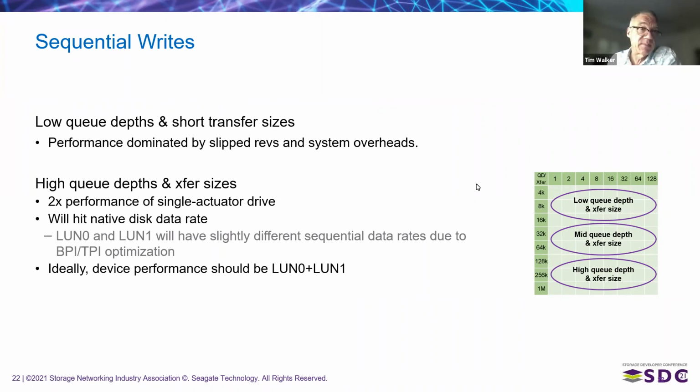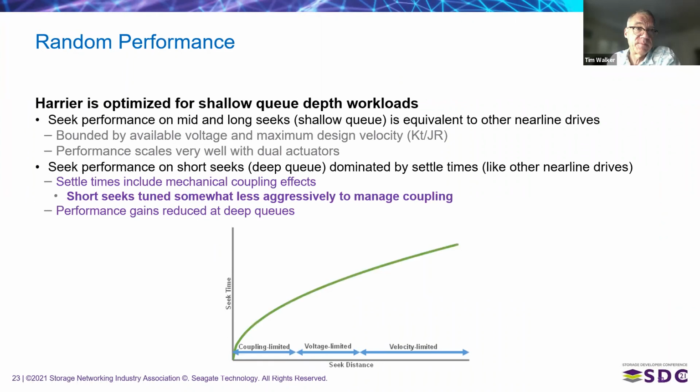Next slide. Some drive design facts here: why do I say that Harrier is optimized for shallow queue depth workloads?